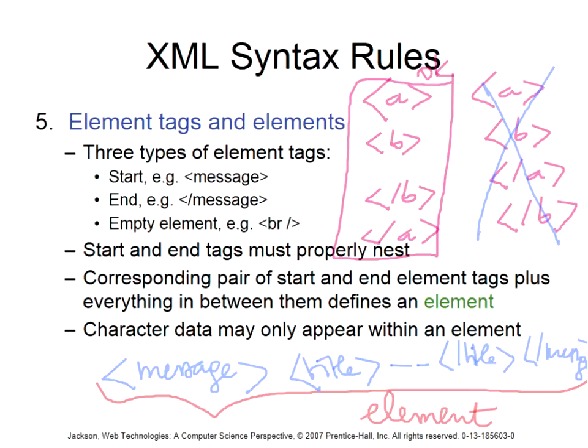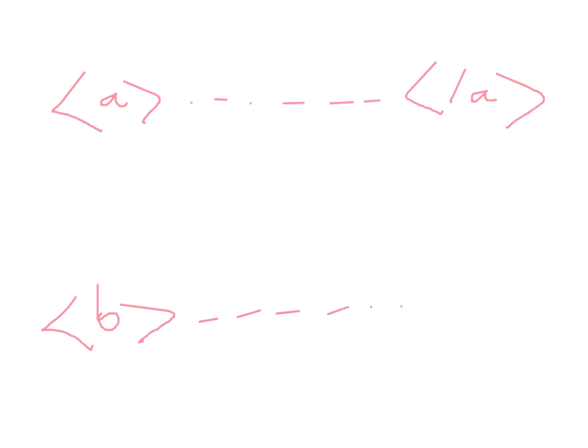The corresponding pair of start and end element tags plus everything in between them define an element. So for example, here we write message, title, and end title and end message.